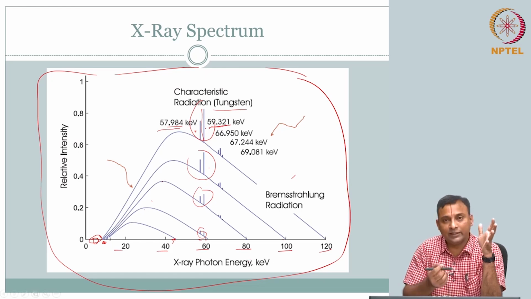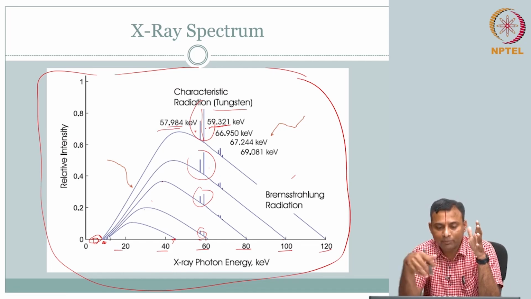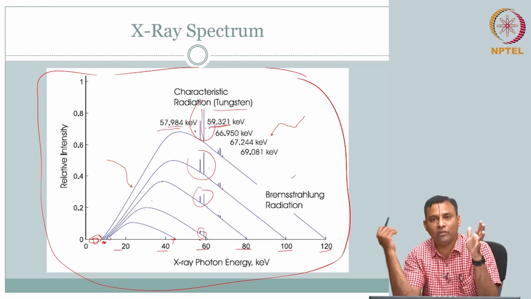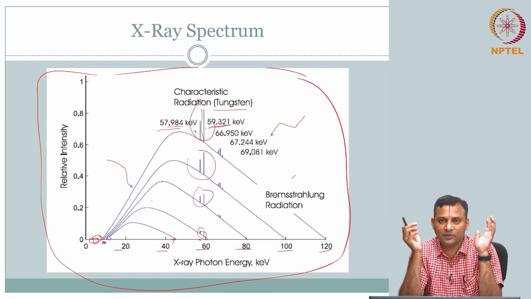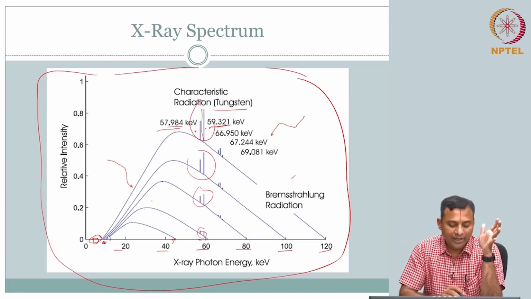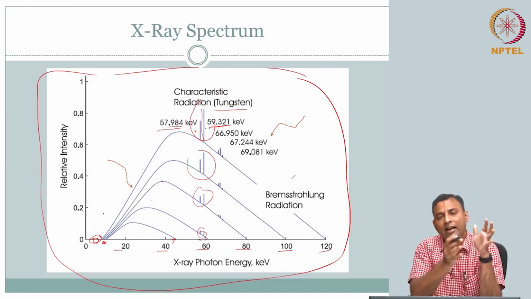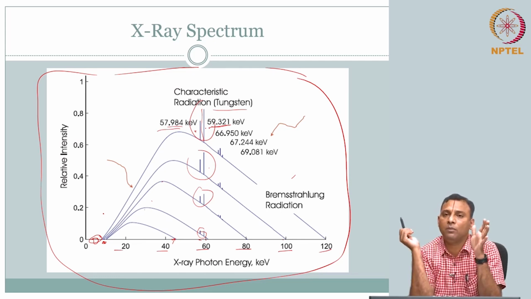Because the X-ray energies generated by these interactions are small enough that they essentially interact with the tungsten again before coming out of the material, and they get absorbed in the tungsten. So it just heats up. Essentially the low energy X-rays that are generated are also absorbed by the material, and therefore they do not come out.